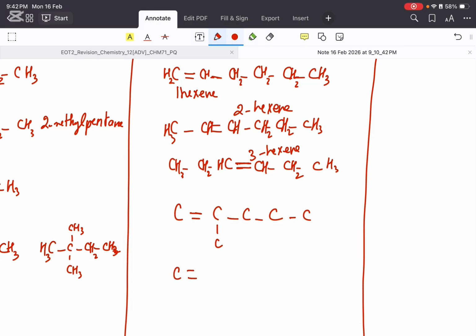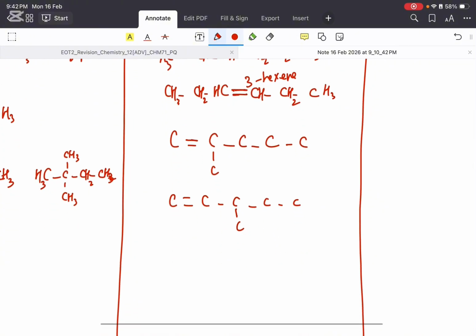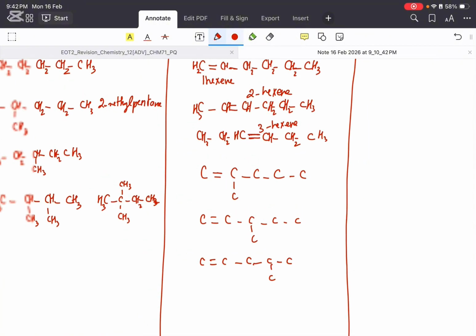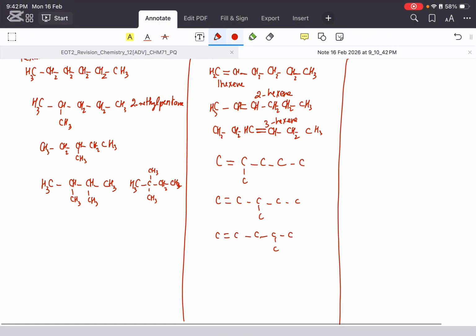Or 5 carbons, double bond on the first, but instead of having the branch on the second carbon, let's put it on the third. Or let's put it on the one before the last, and so on. So many options you can do. And with hexene, you have 6 carbons.